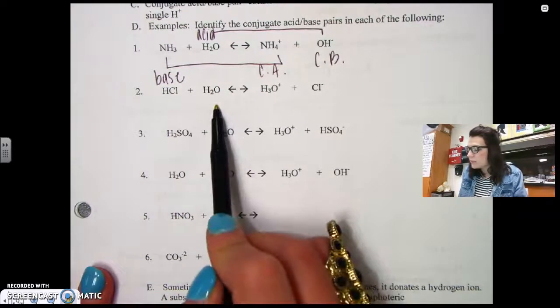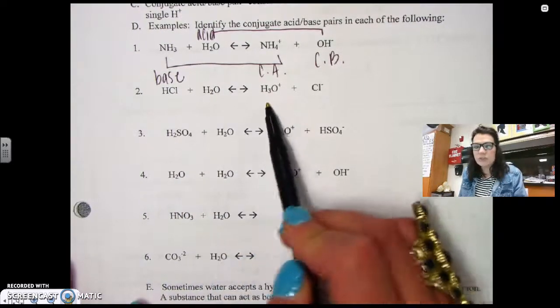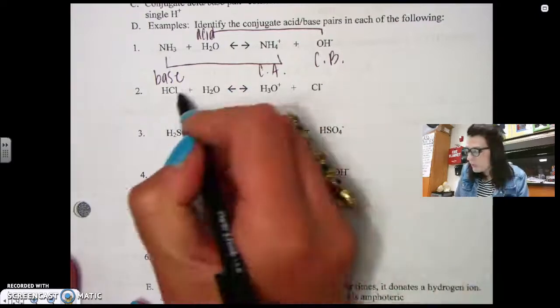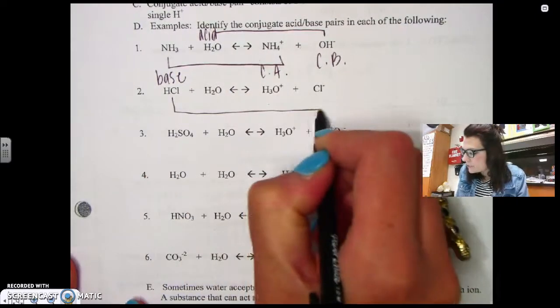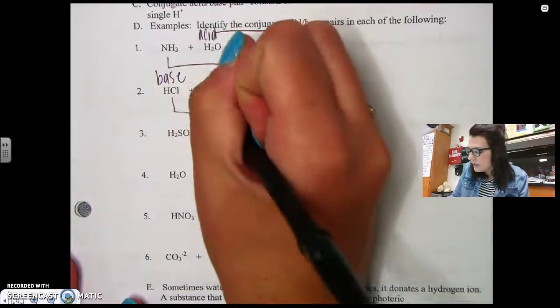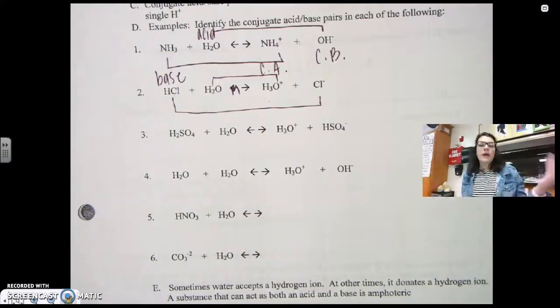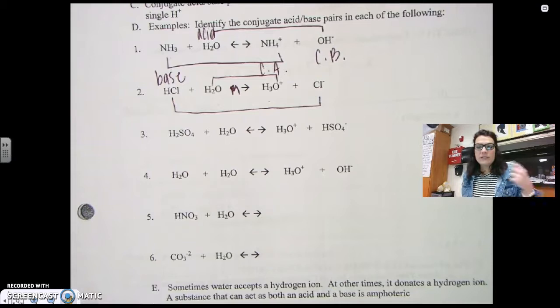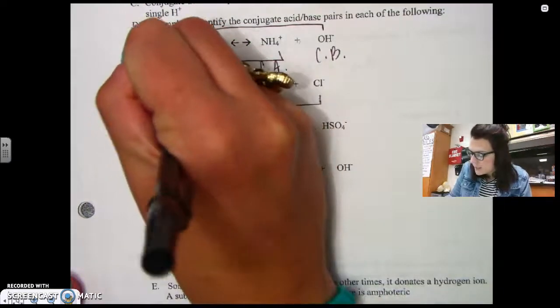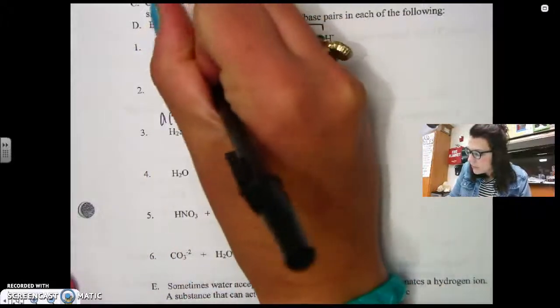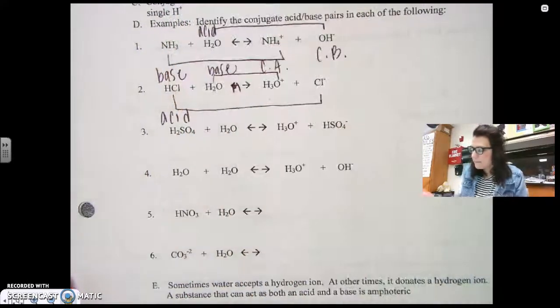So HCl plus H2O makes H3O plus Cl. So HCl matches up with Cl, and H2O matches up with this H3O plus. So HCl goes from, and this should be a one-way arrow, I'm sorry. HCl goes from HCl to Cl, which means it's losing a proton, which makes it the acid, or in this case, water is acting like the base, okay?